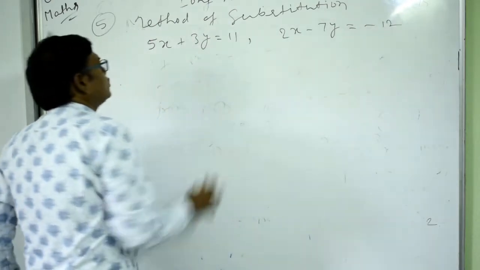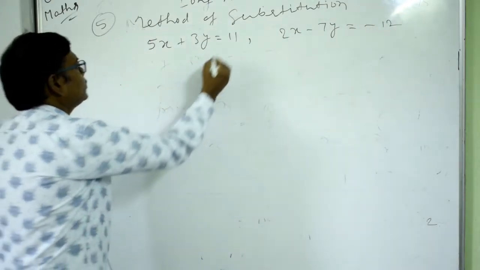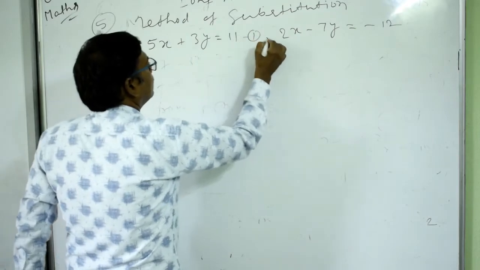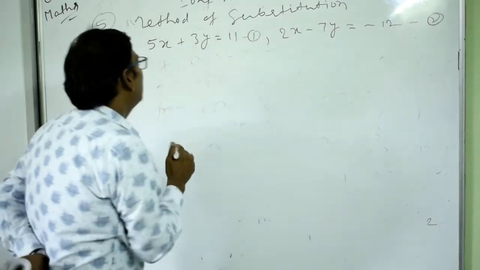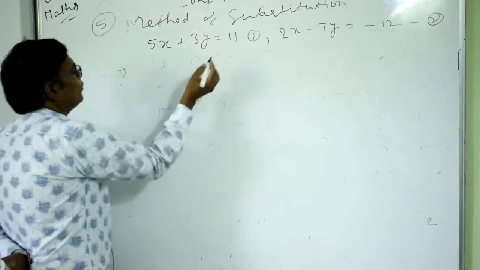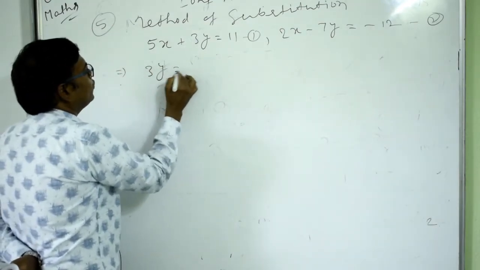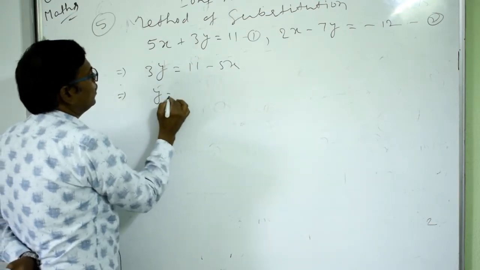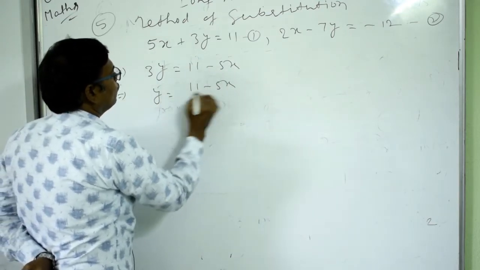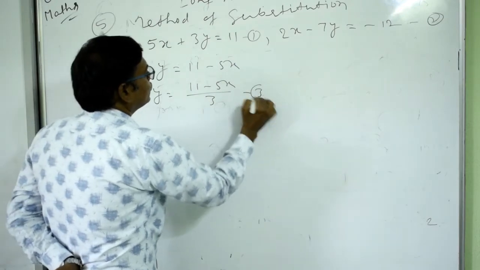Suppose this is equation number 1 and this is equation number 2. From equation 1 you will simplify: 3y equal to 11 minus 5x, or y equal to 11 minus 5x by 3. Suppose this is 3 here.